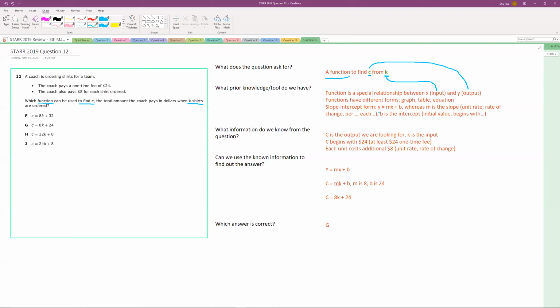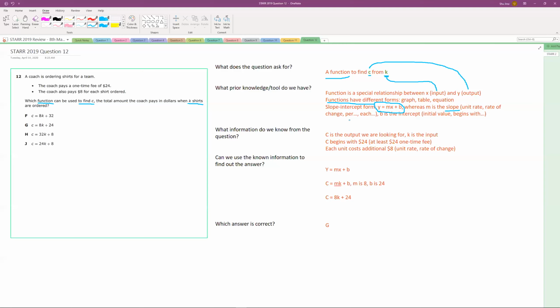So this form says y equals mx plus b. This is a universal form of function. In this form, m is a slope, or the unit rate of change.